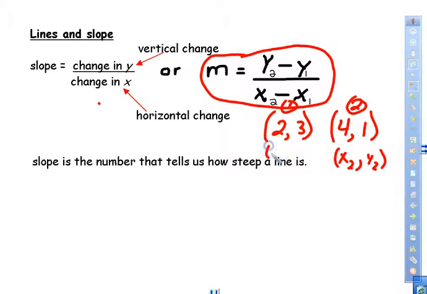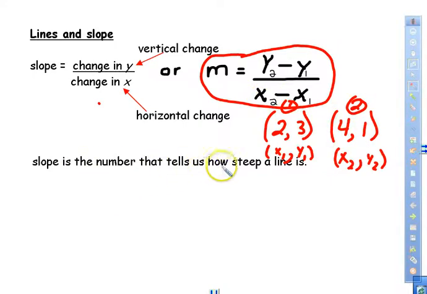This over here would be my x1 and my y1. Okay, so that's what these are relating to, and that's what these are relating to up here. So my y and my x of set 1, and then y2 and x2 are these two numbers here.